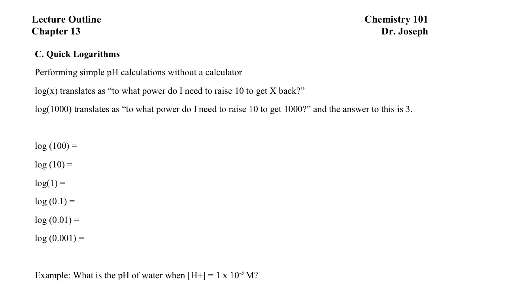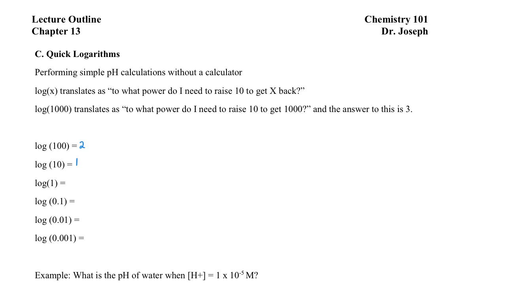Let's answer this question about the few here that do not require a calculator. So log of 100 is, what power do I need to raise 10 to get 100? I'd have to raise it to the second power, so for that one, it's 2. Similarly, for 10, I would need to raise 10 to the first power to get 10 back. The logarithm of 1 is, what power do I need to raise 10 to get 1 back?